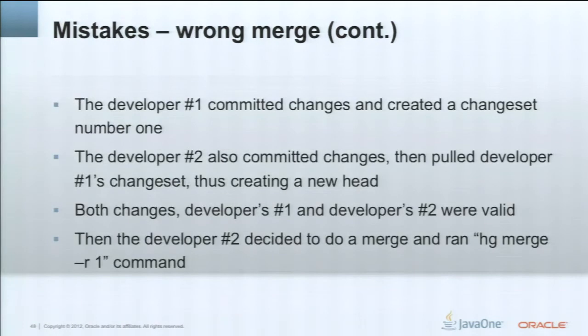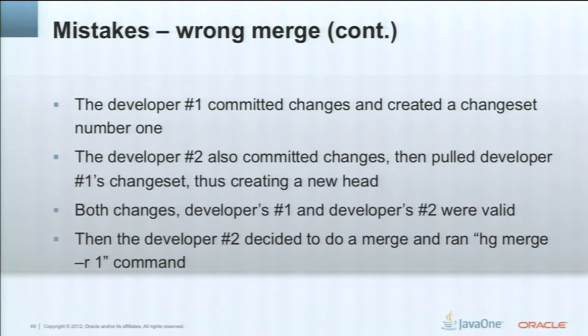Okay, great. And what's next? Developer number 1 decided to commit changes and they created a change set. For example, it would be OpenJDK change set number 1. And later, developer number 2 also tried to commit his changes.